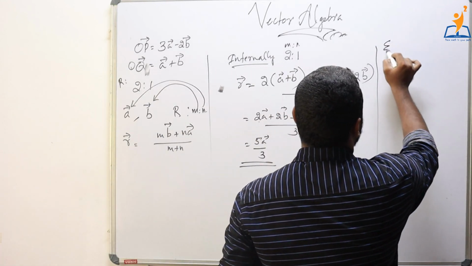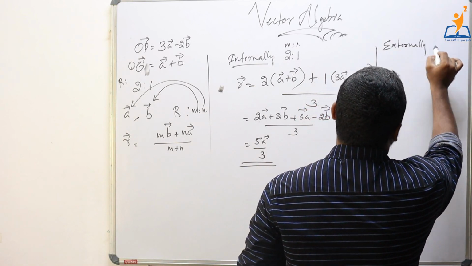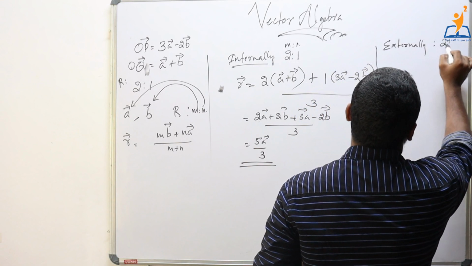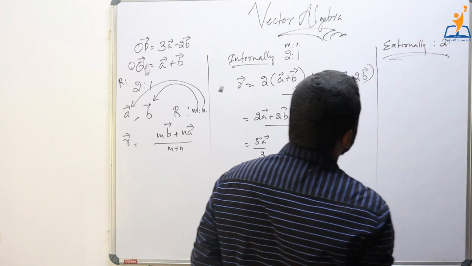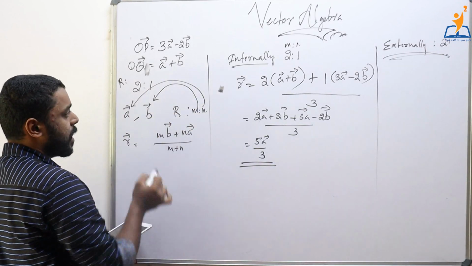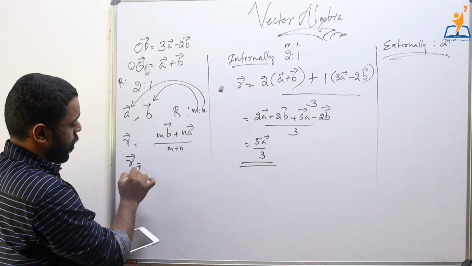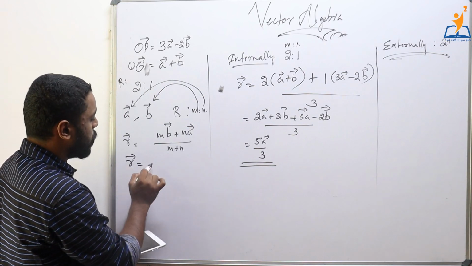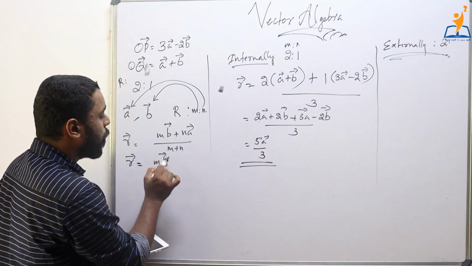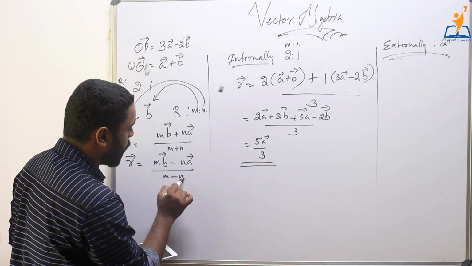Now we shall check what the position vector is when it divides the points externally in the ratio 2:1. We know that whenever two position vectors are given and the division is external, we can find the position vector of the point by the formula (mb minus na) divided by (m minus n).